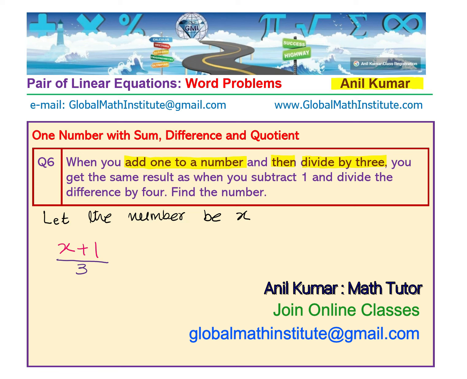You get the same result as, which means equal to, right? Same result means we are getting something the same, so equal to. When you subtract 1 and divide the difference by 4. So instead of adding, this time you subtract 1 and divide by 4.